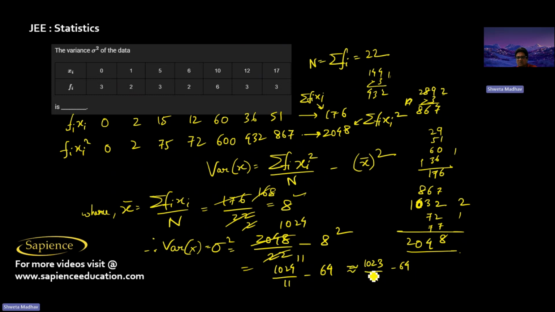So approximately this is 11 nines are 99. 1023 divided by 11, this is divisible by 11 since the sum of the even places minus the sum of the odd places is 0. So this is 93 minus 64. So that is approximately 29. So 29 is the answer.